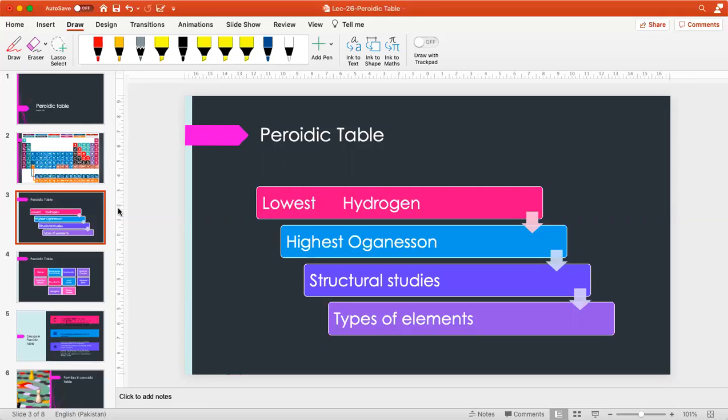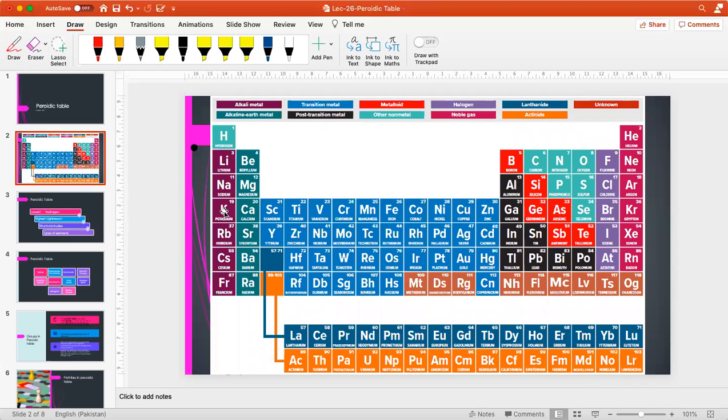The elements are arranged from left to right. That is one sequence, and the next sequence is from top to bottom. So this is the sequence.